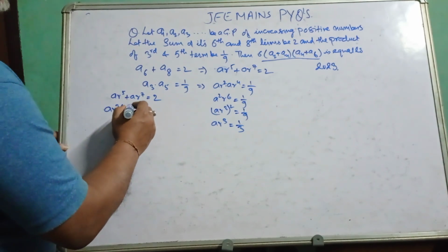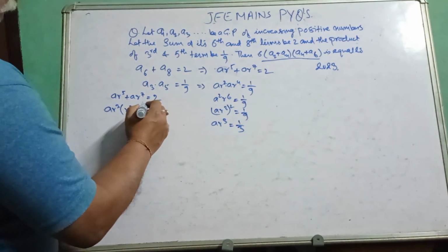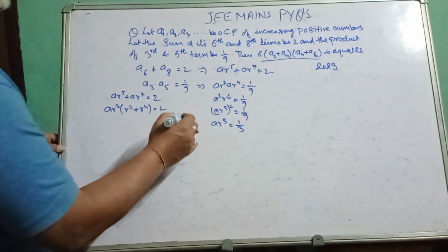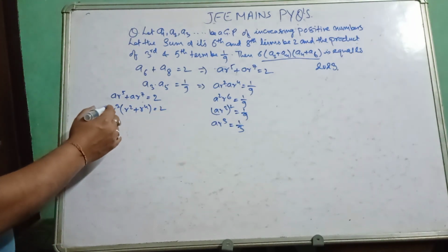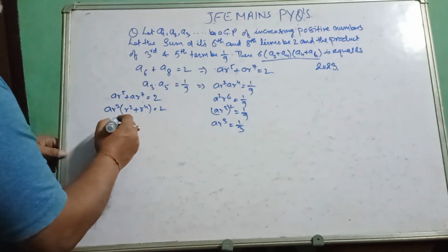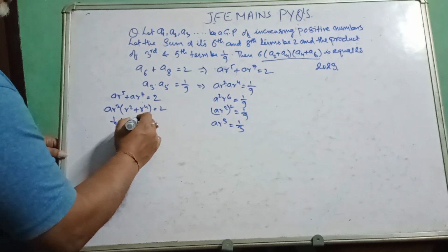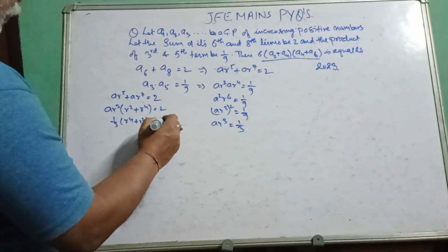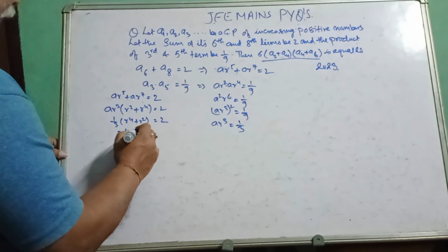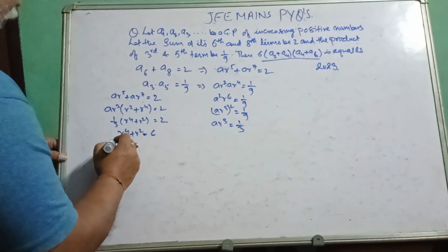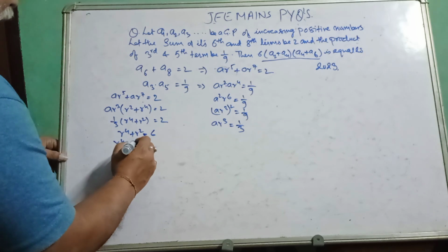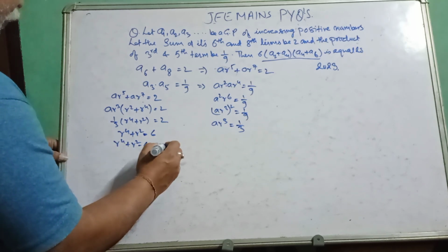So it will be AR cube into R2 plus R4 is equal to 2, and this value is 1 by 3. So 1 by 3 into R4 plus R square is equal to 2. R4 plus R square is equal to 6. So R4 plus R square minus 6 equal to 0.